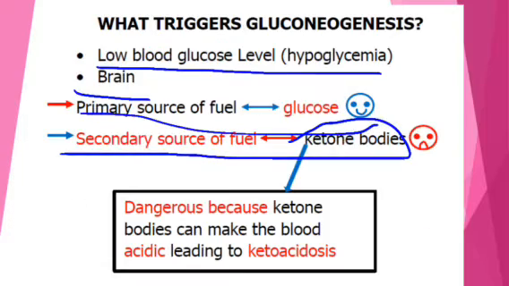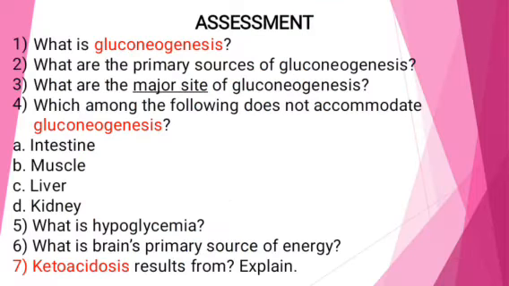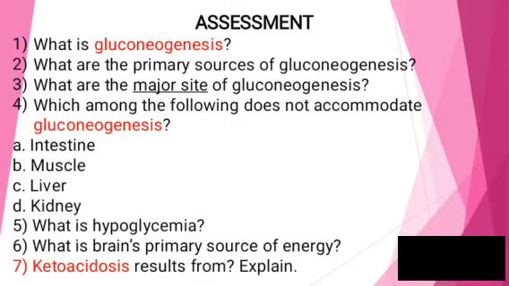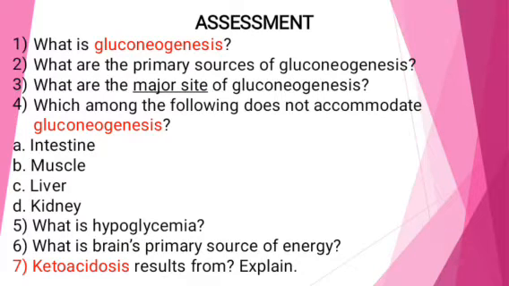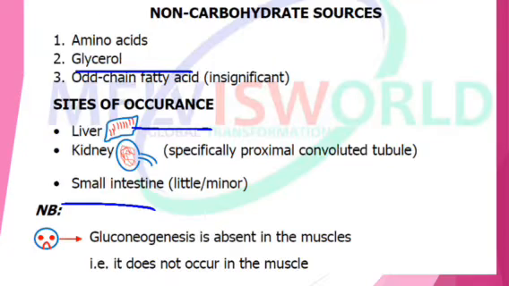Alright, from the little explanations, by now you should be able to know what gluconeogenesis is, what the primary sources of gluconeogenesis are, what the major sites of gluconeogenesis are, and which among the following does not accommodate gluconeogenesis. These were keenly explained in the previous slides. What is hypoglycemia, which I told you initially?